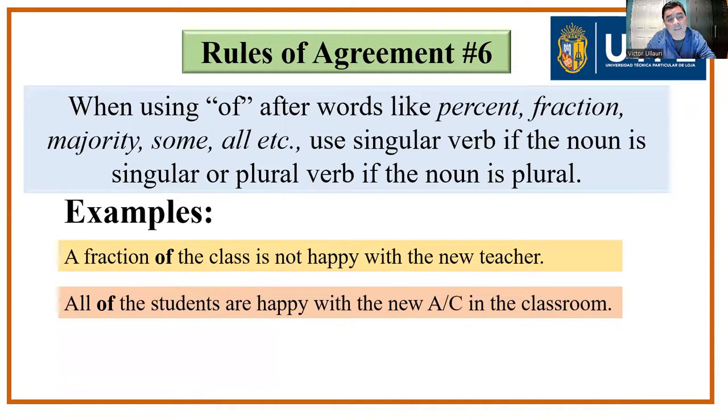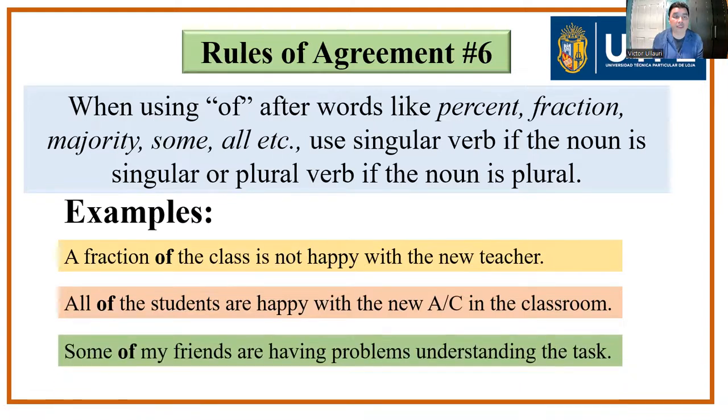All of the students are happy with a new AC in the classroom, air conditioner. As the rule says, if we use "all," like in this case, the verb is going to go in plural if the noun is plural. So all of the students are happy with a new AC in the classroom. Students is a plural noun, so we're going to use the verb in its plural form. In the previous example, we used "is" because the noun was singular.